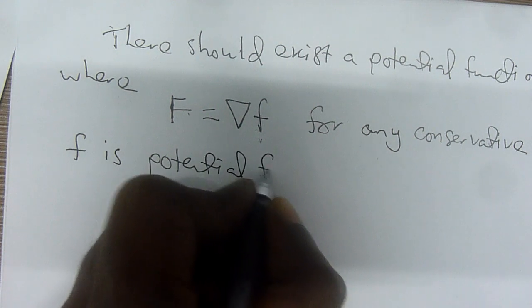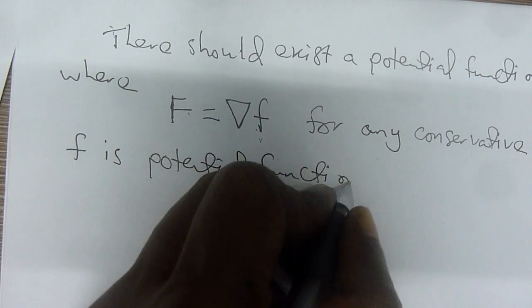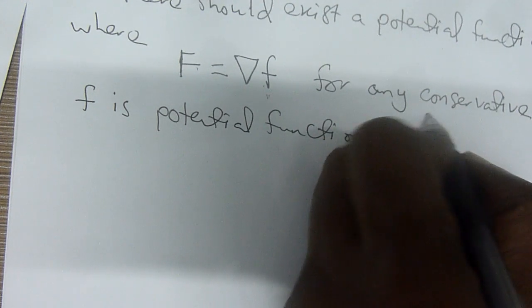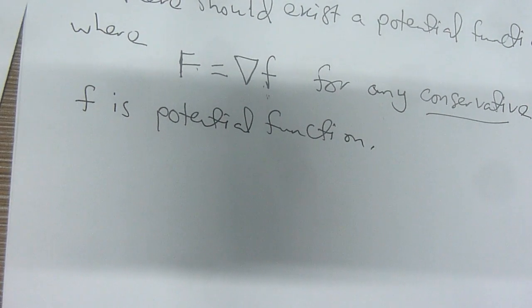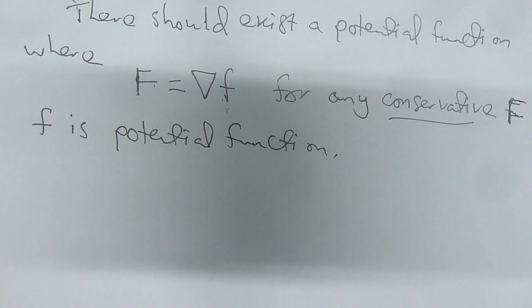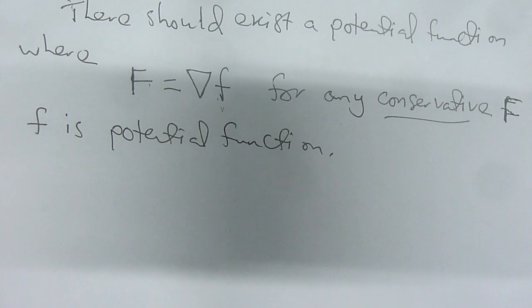Potential function. I already told you, if it is conservative, it's automatically, I'm moving back to the path integral again, understood to be path independent. Path independent means we need not worry.